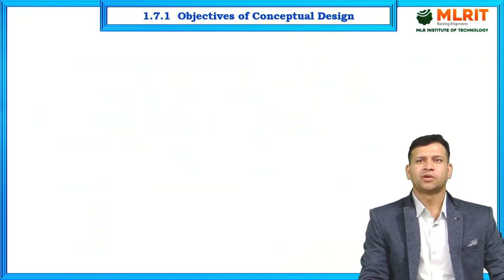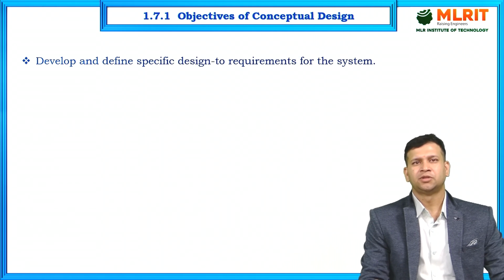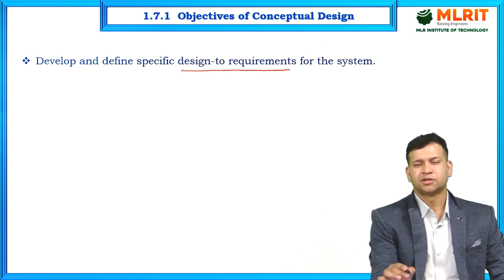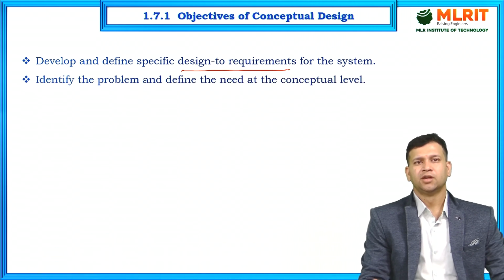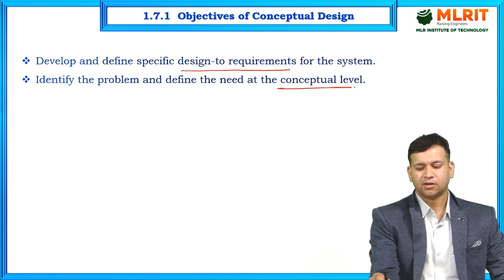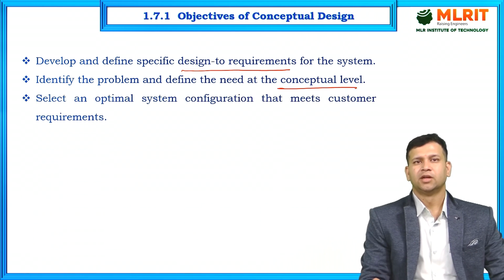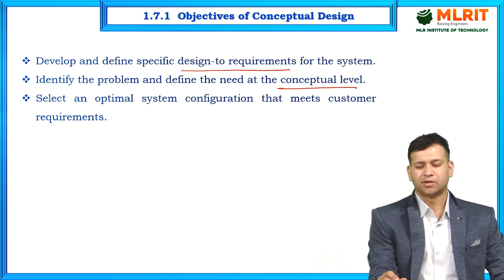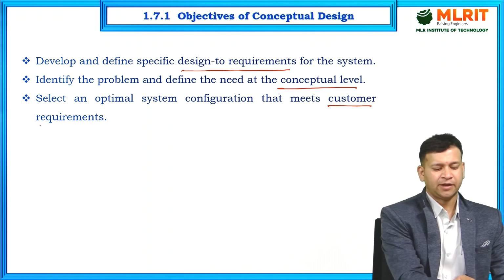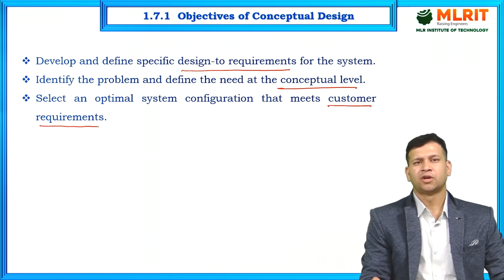The objectives of a conceptual design are to develop and define specific design requirements for the system, to identify the problem and define the need at the conceptual level, and to select an optimal system configuration which meets customer requirements. These are generally given by request for proposal or request for information.